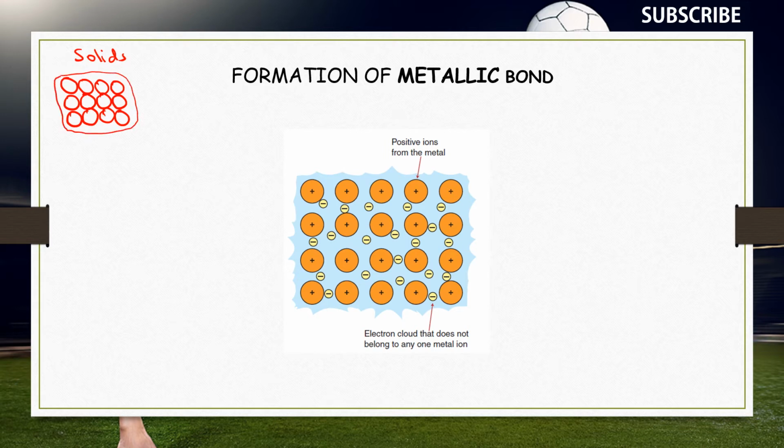So if this is our structure of, say, sodium at atomic level, different sodium atoms, one after the other. We know that sodium has electronic configuration of 2,8,1. So each of these atoms has an extra electron in the outermost energy level.